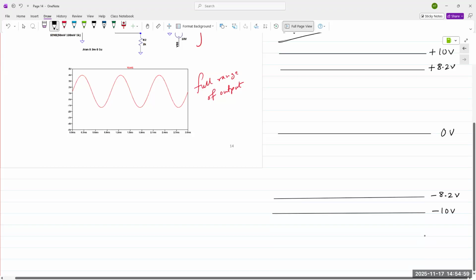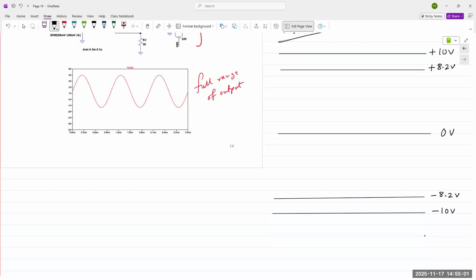So now our waveform, which is small, even though it's somewhere with an offset, it still fits within. And that's why we have a full range of output.